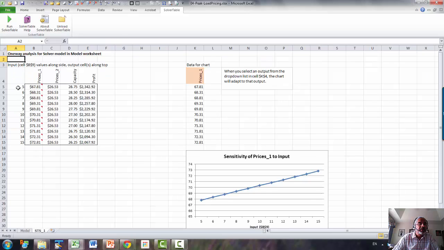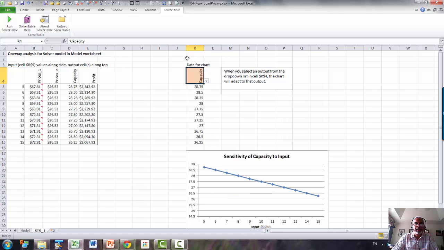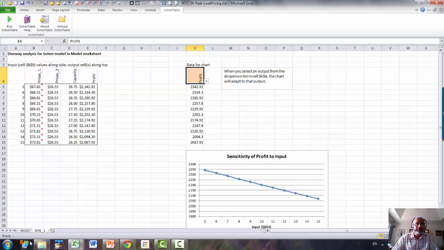So here we are. As the cost of capacity increases, the capacity that we're going to build decreases, and here are the charts. As cost of capacity increases, the capacity we're going to build goes down, and the profit goes down as well.